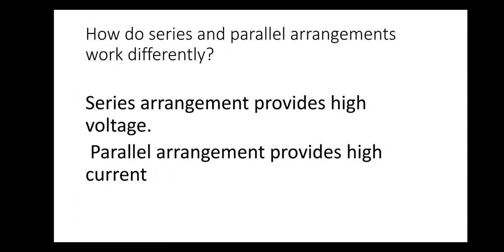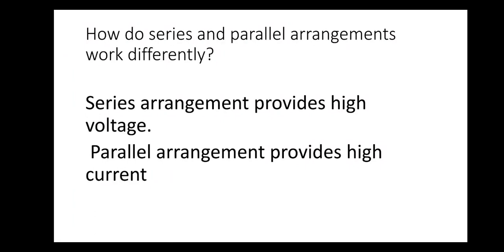How do series and parallel arrangements work differently? This is the important question that comes to your mind. Series arrangement of cells provides higher electric voltage, hence the bulb glows brighter, but parallel connection of cells provides a higher electric current.